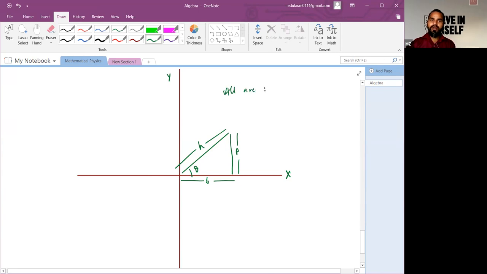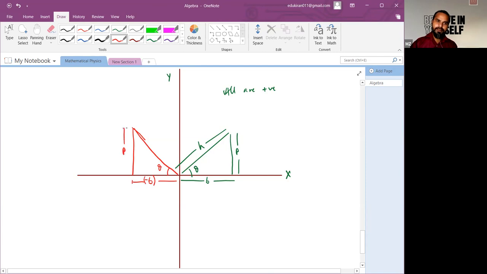So we can write all are positive in this first quadrant. But if you draw a triangle in this quadrant, let's say this is your theta, with respect to this theta you have to move from the origin to the left-hand side. So the base would be negative.